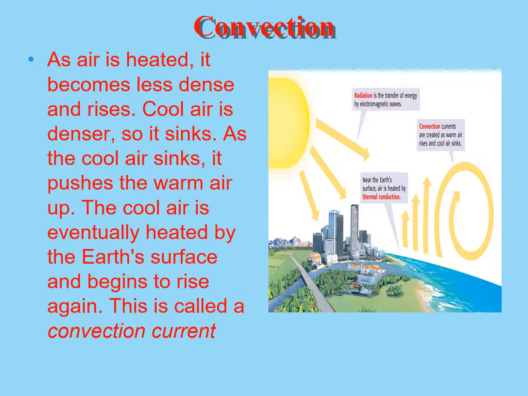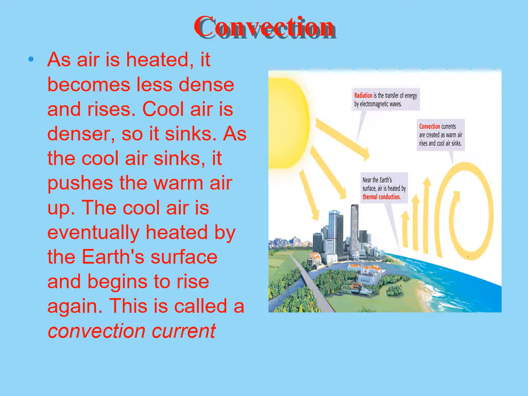That cool air is denser, so it sinks. As that cool air sinks, it pushes that warm air up. The cool air is eventually heated by the Earth's surface and begins to rise again. And we call this a convection current. We drew a convection current.